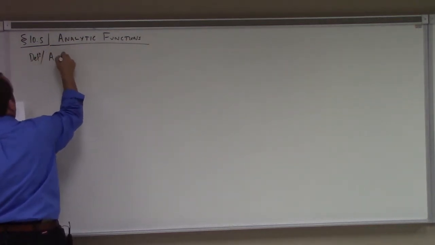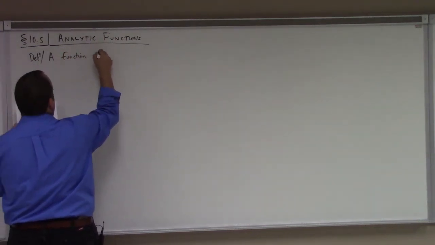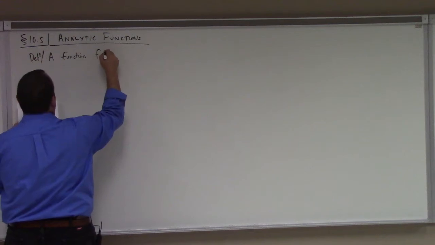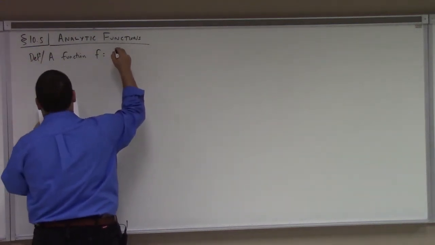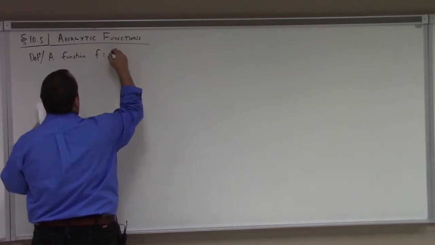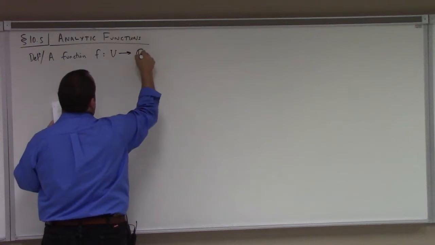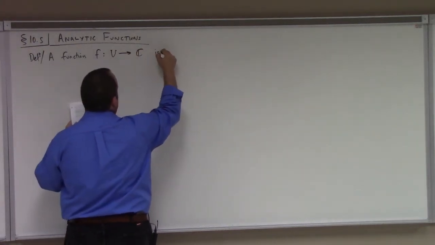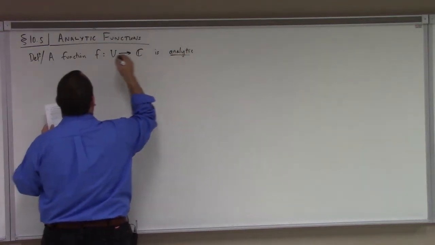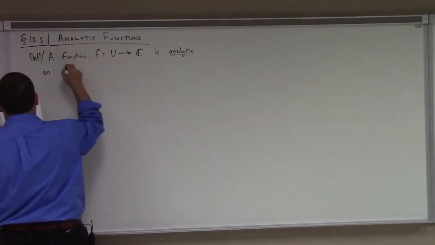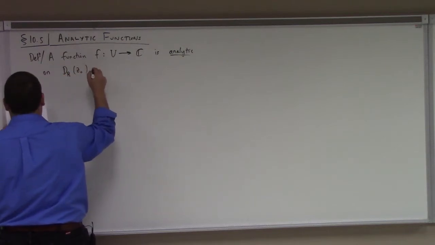A function f, let's say from U to the complexes, is analytic on D_r of z naught, which is what?